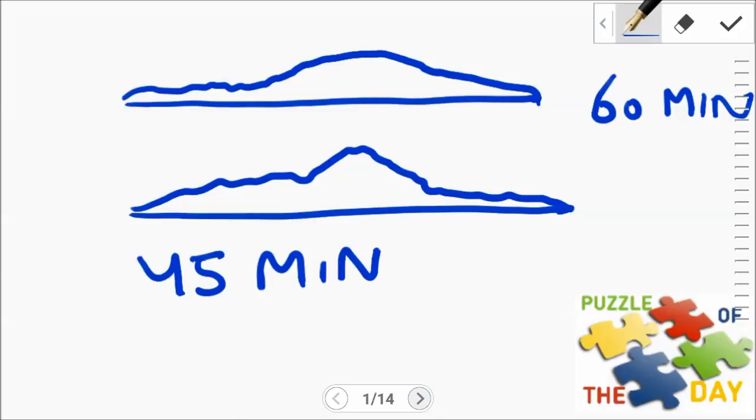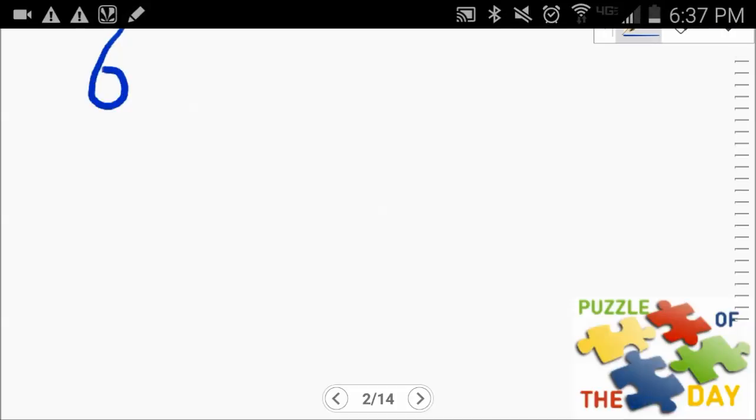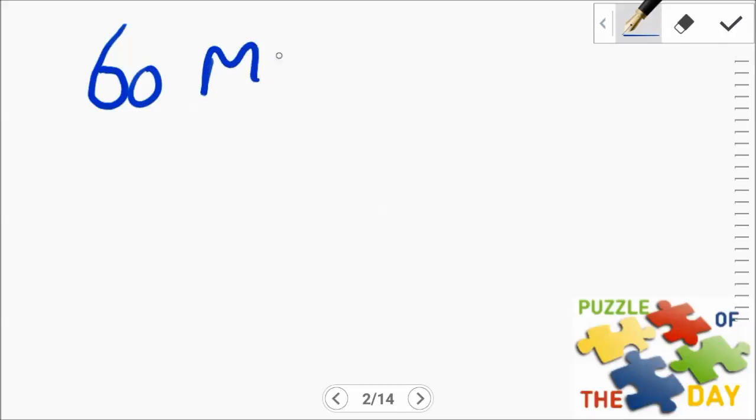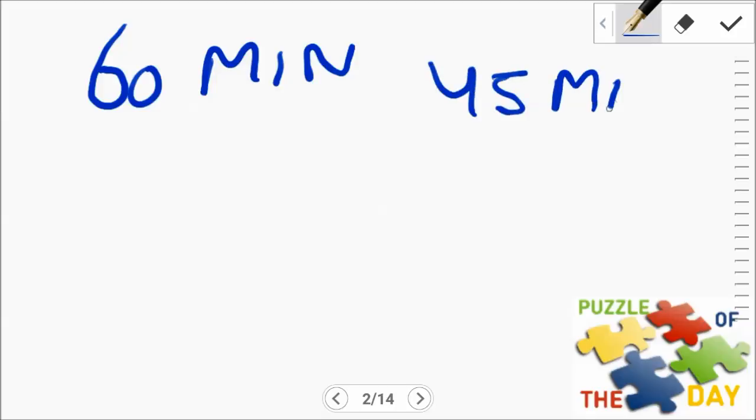So now let's talk about how we approach this problem. Bear in mind that you have been given 60-minute ropes and you have been asked to measure 45 minutes of time. First of all, let's think about what the relation is between 60 minutes and 45 minutes. There has to be some relation.